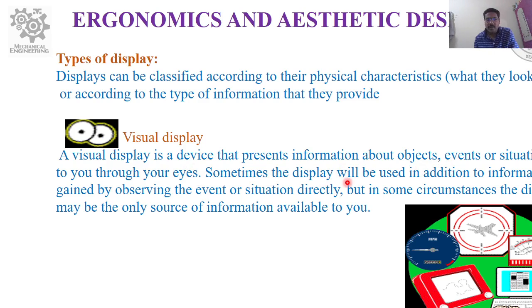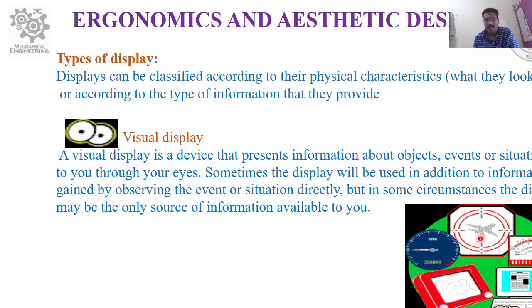Sometimes the display is used in addition to information gained by observing the event or situation directly. But in some circumstances the display may be the only source of information available to you. Some displays give information about the basic needs of society.